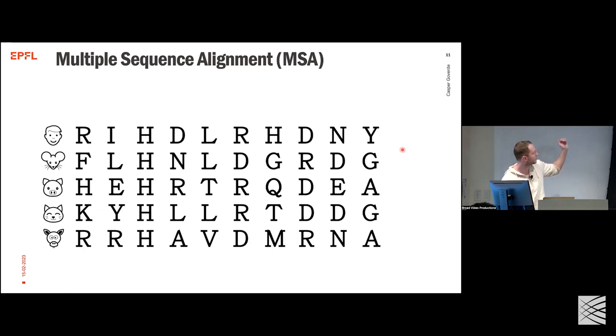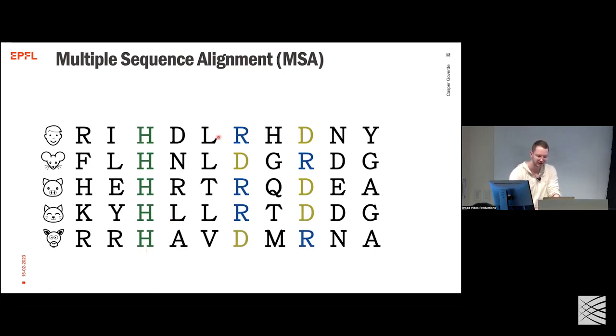And we find homologs of these proteins. So we find the same protein in, for example, a mouse, a pig, a cat, a donkey, and we can align these sequences. And what you would find is that sometimes these sequences have conserved residues. For example, if this residue, so this amino acid, would mutate, the protein would lose its function and the organism would die. So these are conserved.